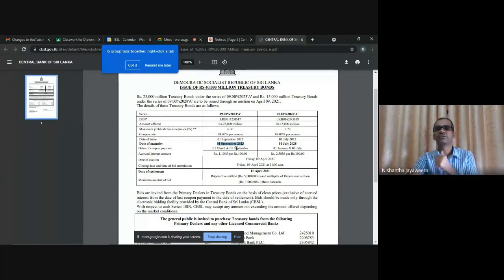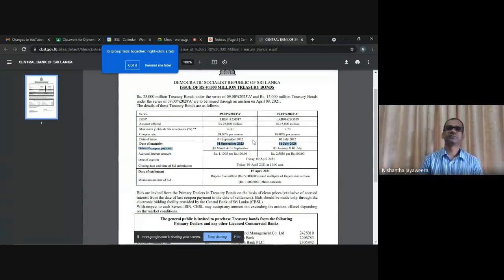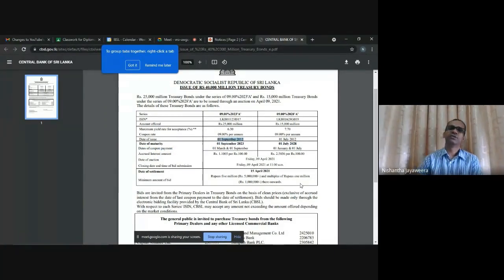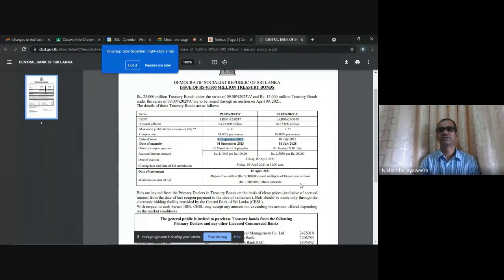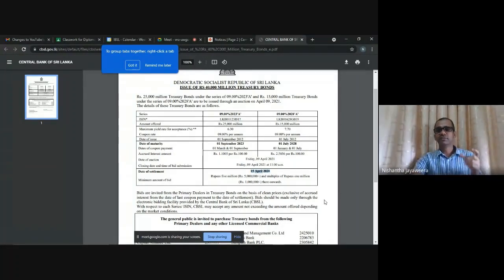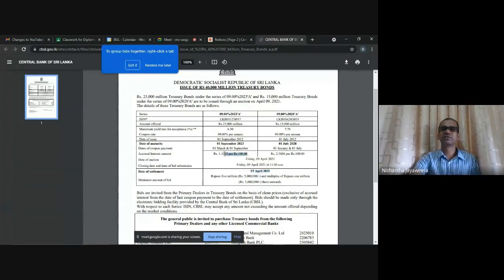So the previous coupon should be 1st of March, because this was already issued on 1st September 2012, so there was a coupon on 1st of March. Now they are going to issue it to be settled on 15th April. Therefore, from 1st of March to 15th April, for 1.5 months, there's accrued interest. So that amount is also given.